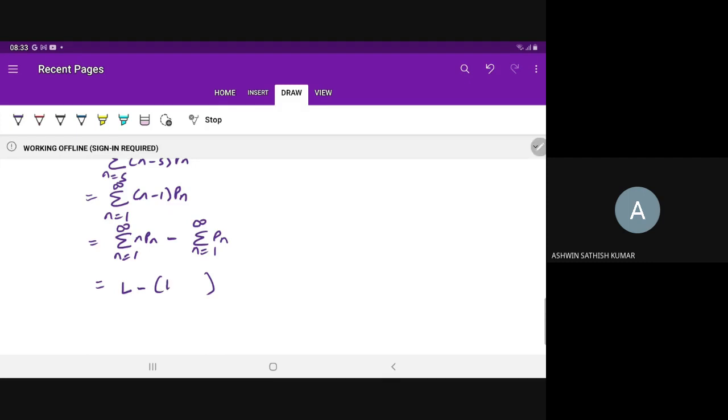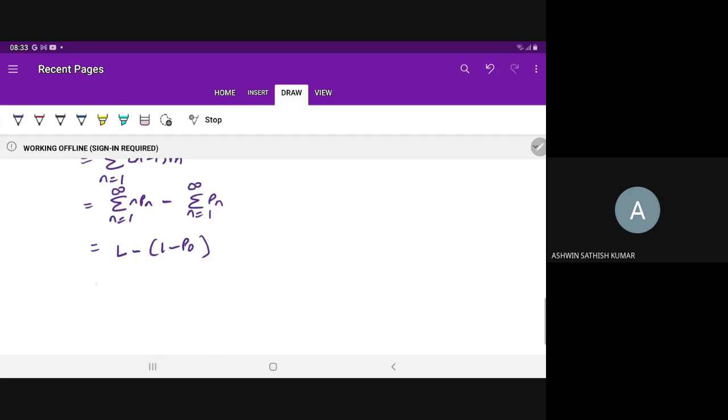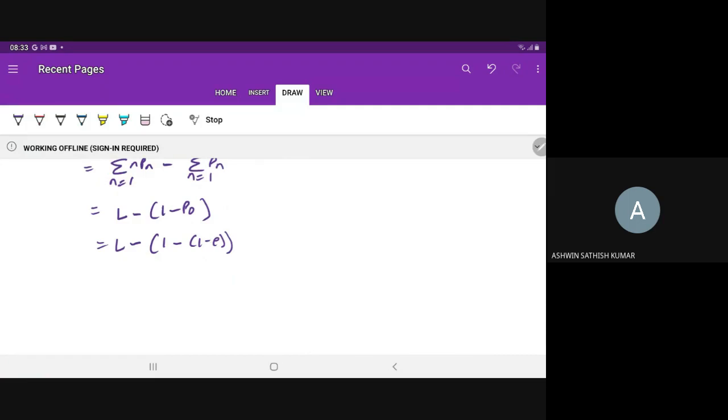So it is the 1 minus P naught. So L minus (1 minus P naught). P naught we have computed as 1 minus ρ. So here 1 and 1 cancel out. So this will become L minus ρ. That is the another formula.